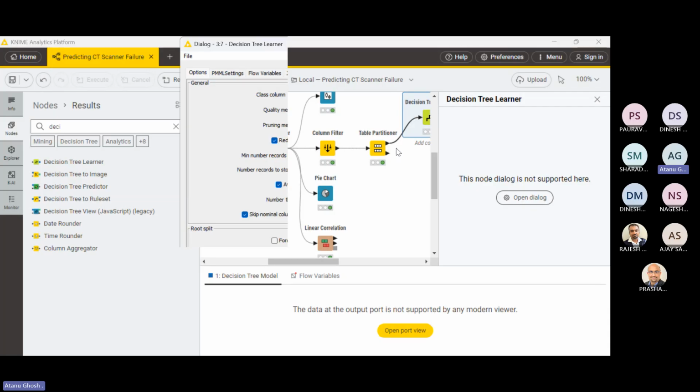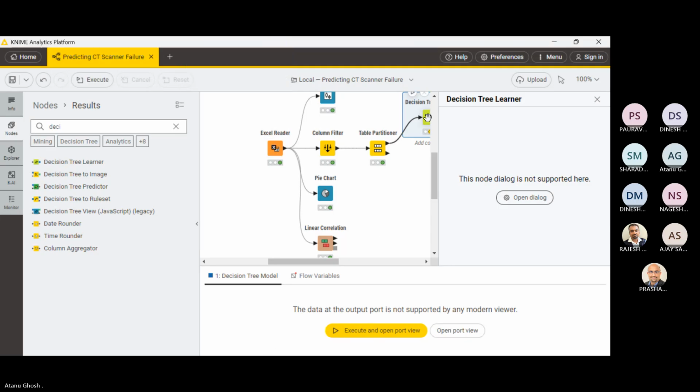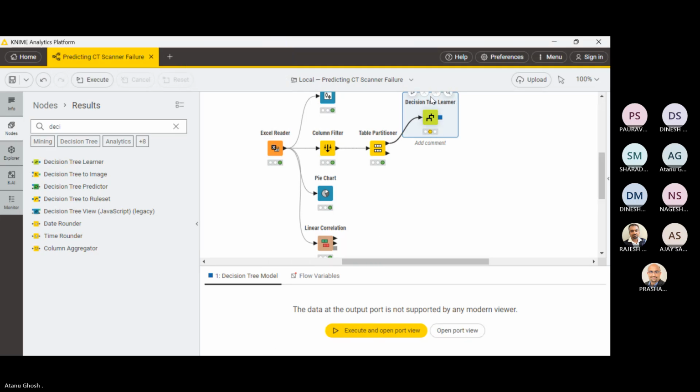Instead of 20, if I make this 5, the number of branches will now go up.